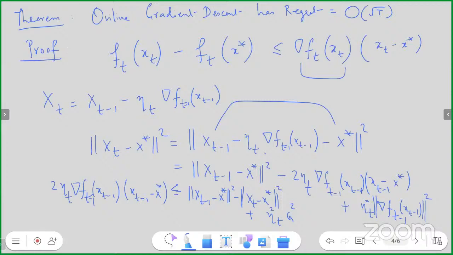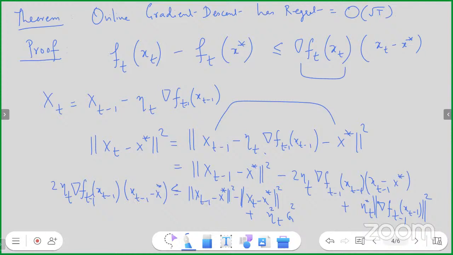So this is always true for a convex function. Something more is true for a strongly convex function. I've not used that here. All I've done is I've just upper bounded this quantity. So if, in addition, I give you that ft is strongly convex, what can you change here? This bound is as it is. This is not going to get touched. So this plus something. What is that plus something?